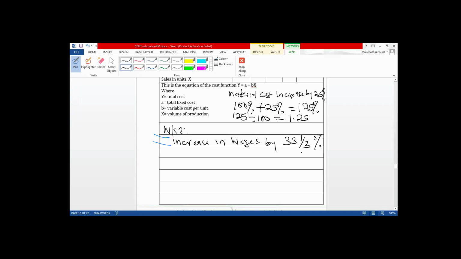Change it to an improper fraction. 3 multiplied by 33 is 99. 99 plus 1 will give me 100/3%. Is that clear, please? Yes, sir. Good.